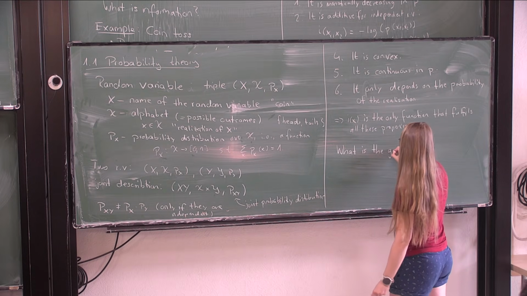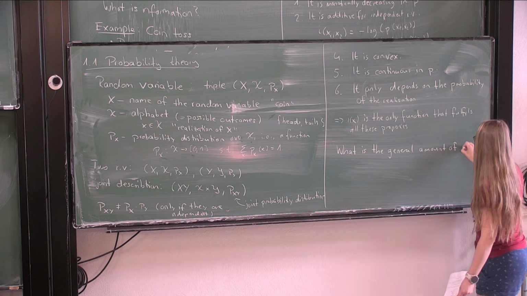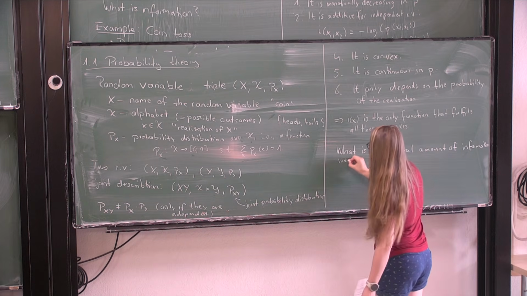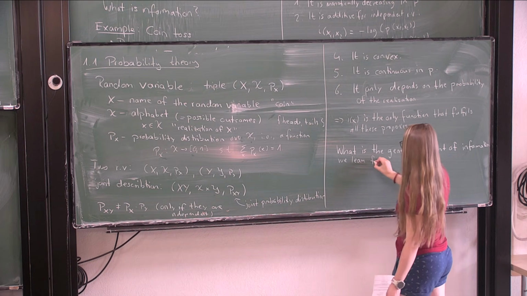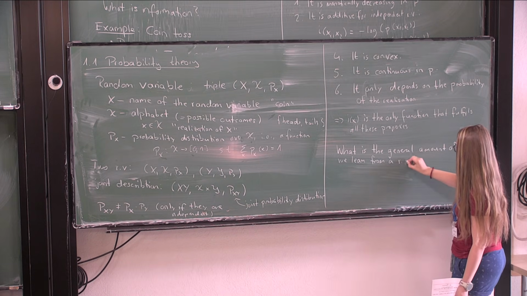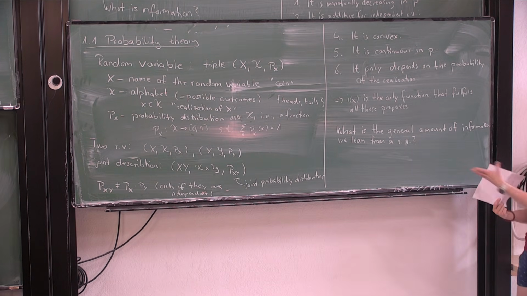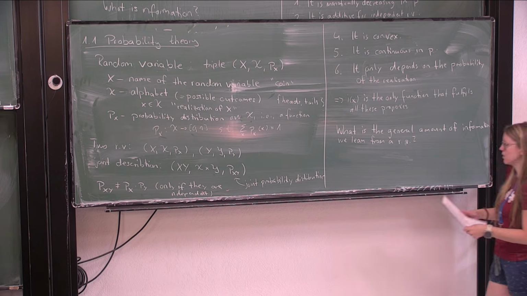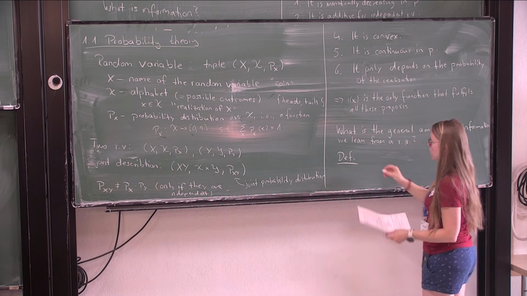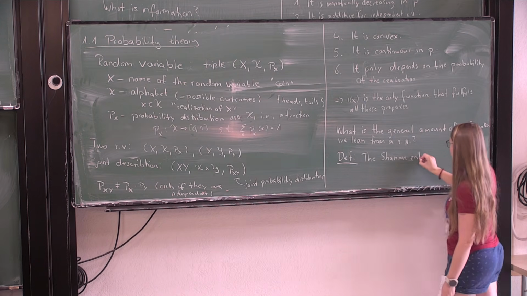Here's the general amount of information from a random variable. For this, we just take the expectation value over all the realizations. This is the Shannon entropy.